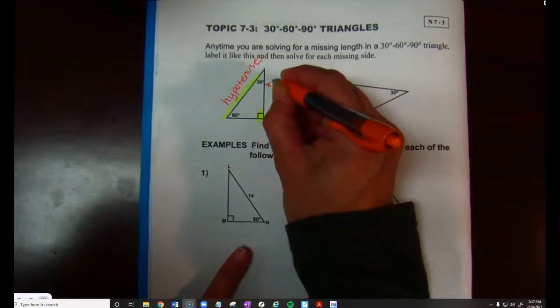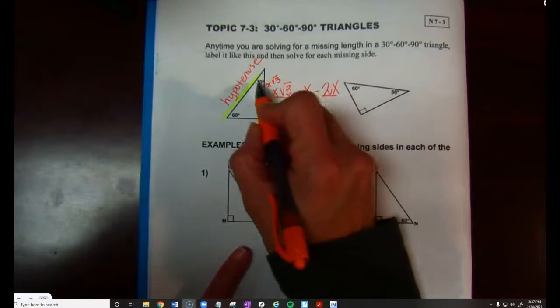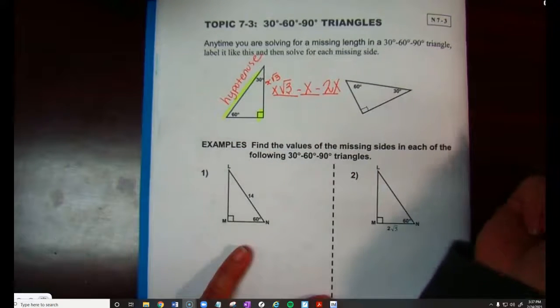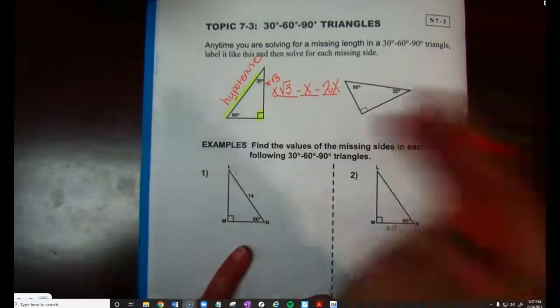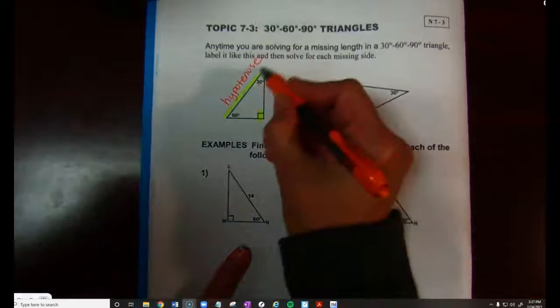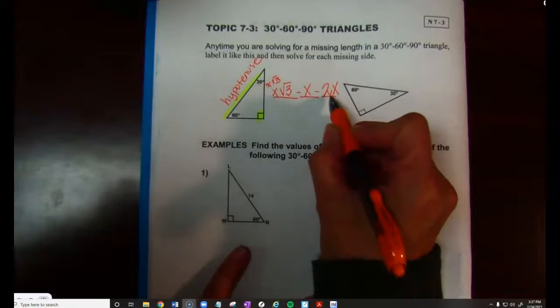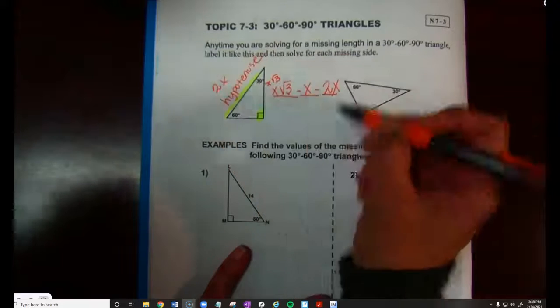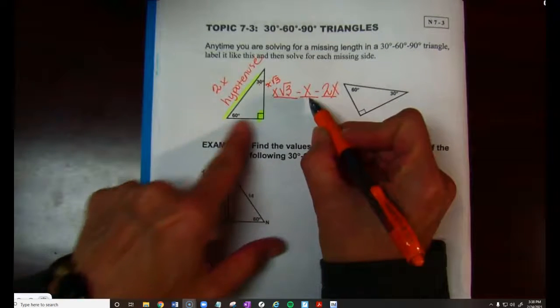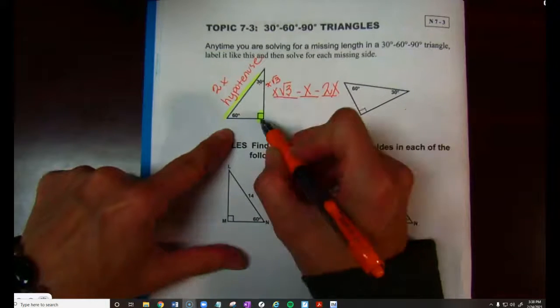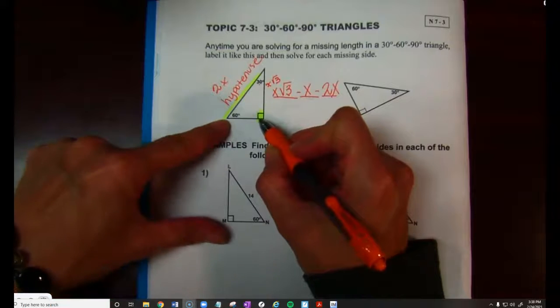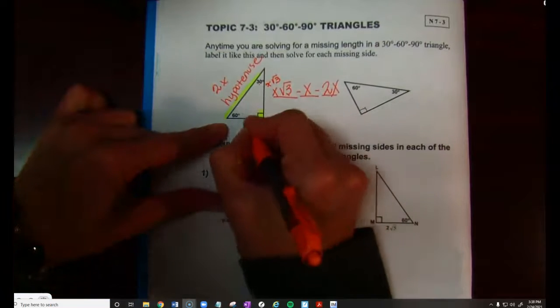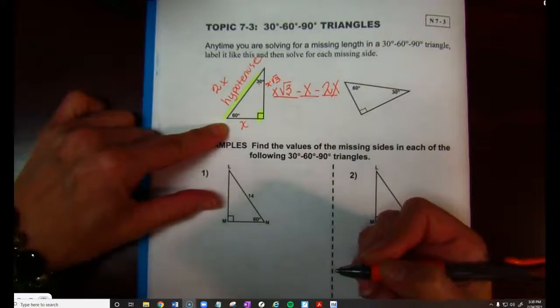So I know this is x root 3. The 30 is next to the x root 3. Piece of cake. And then remember, the hypotenuse is going to be the longest side, so the hypotenuse is going to be 2x. And then that leaves the shortest side, which is across from the right angle symbol to the 60, and that is going to be just x.